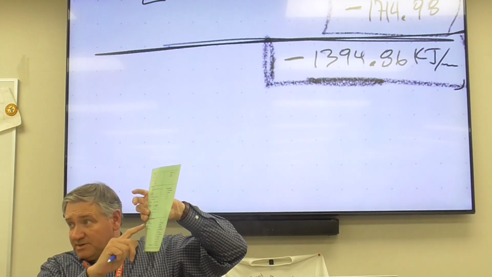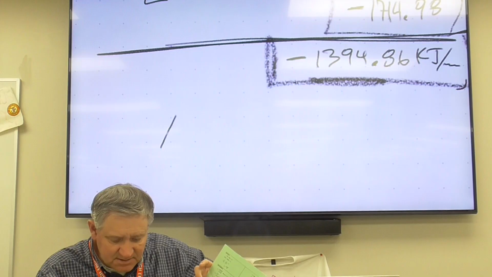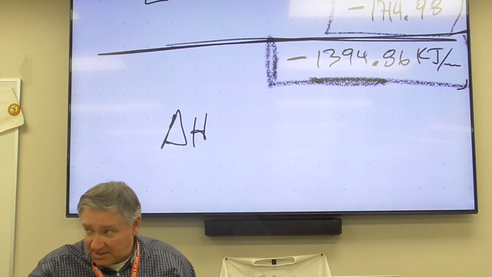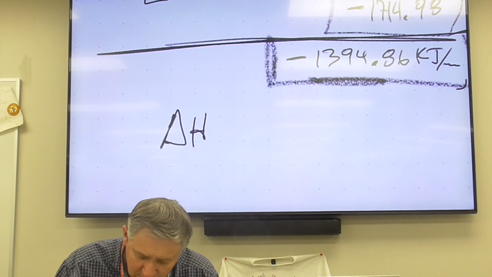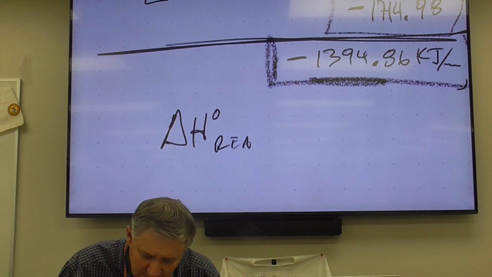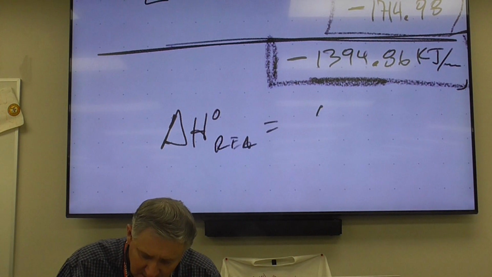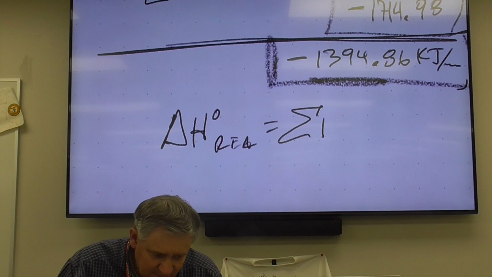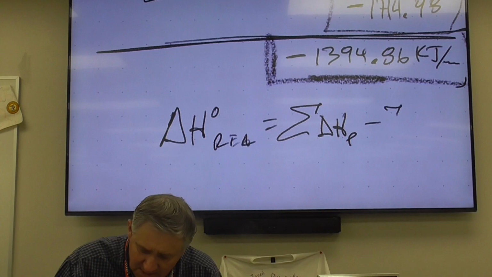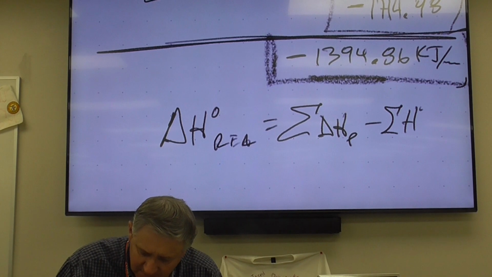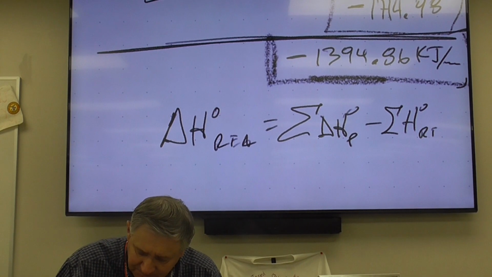So we're going to deal with this first one that says delta H, again, this is change in enthalpy. If you look at how this is written for the reaction, it is the sum of the delta H's of the products minus the sum of your delta H's of the reactants.